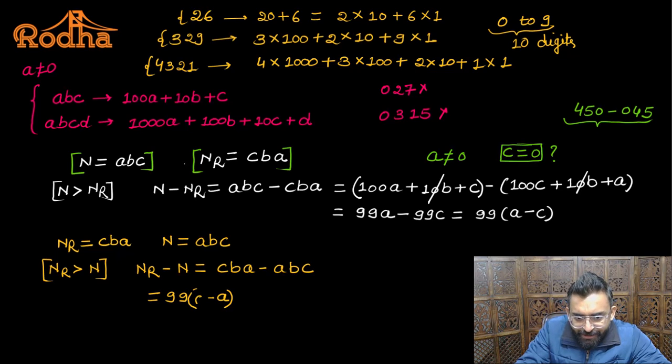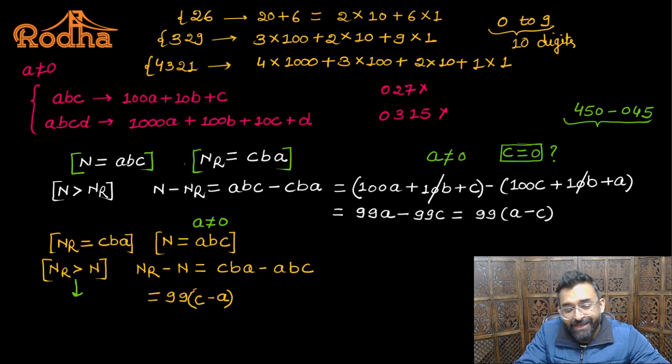Now here, what are the things I need to take care of? I know that obviously the original number is ABC, and the number obtained after reversing the digits is CBA. A by default is not 0, come what may, because the original number is ABC, so A will not be 0. Now because of this condition, the number is increasing, so the new number I am going to get has to be a 3-digit number.